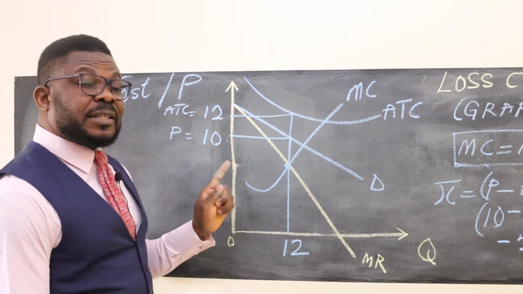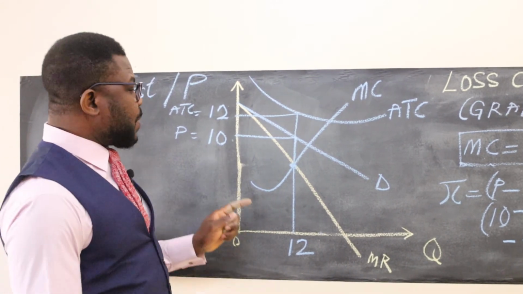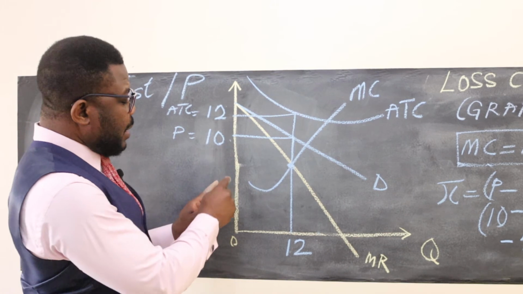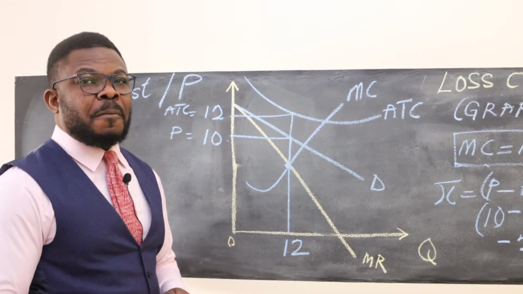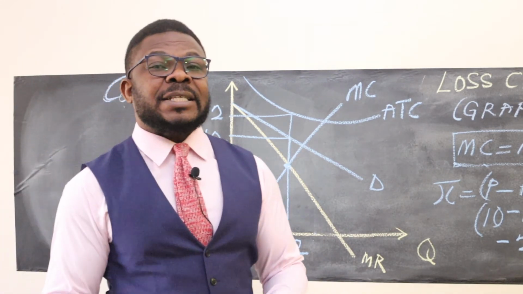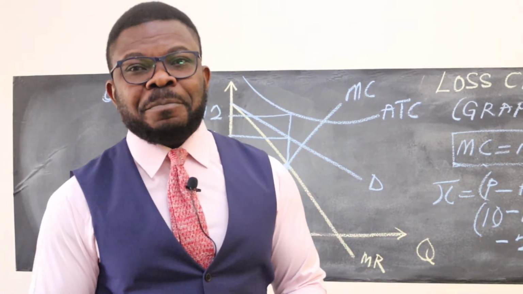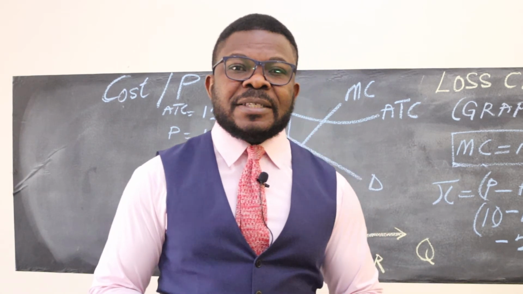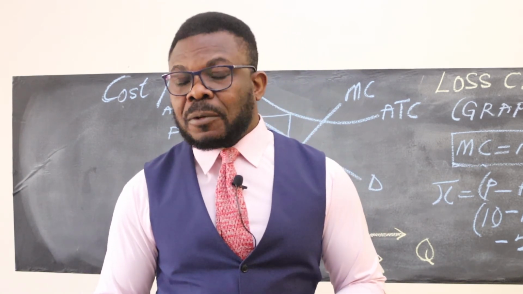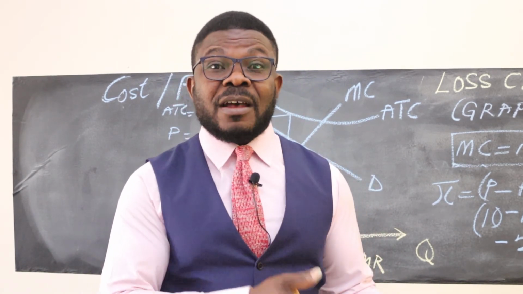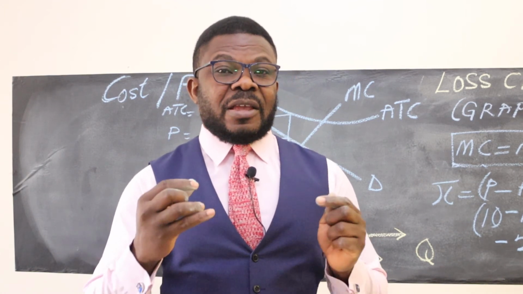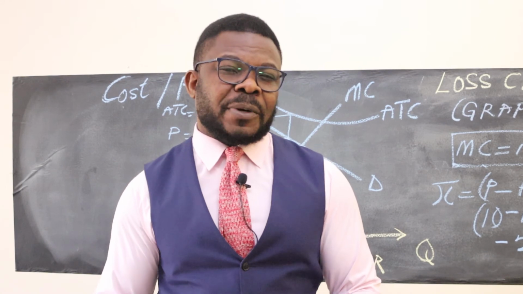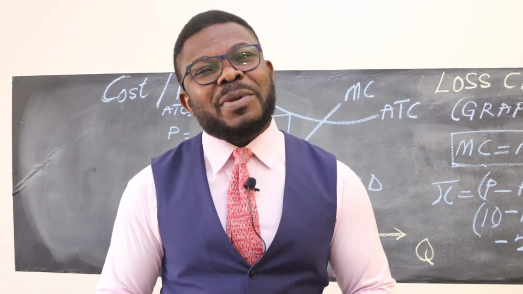Then it's likely that this firm is going to be making a profit because the price, 10, is higher than the average total cost, which is 4. So the summary is, if the ATC is higher than price, then there's going to be a loss. Your cost is higher than how much you charge people in the market. On the other hand, if the ATC is below the price, then you will be making a profit.